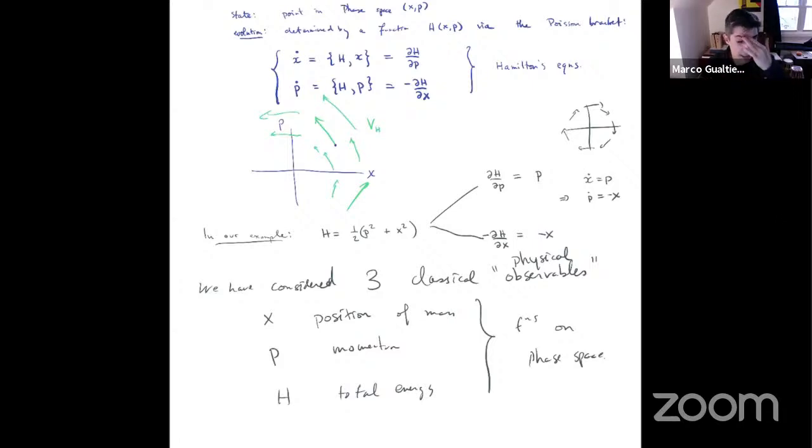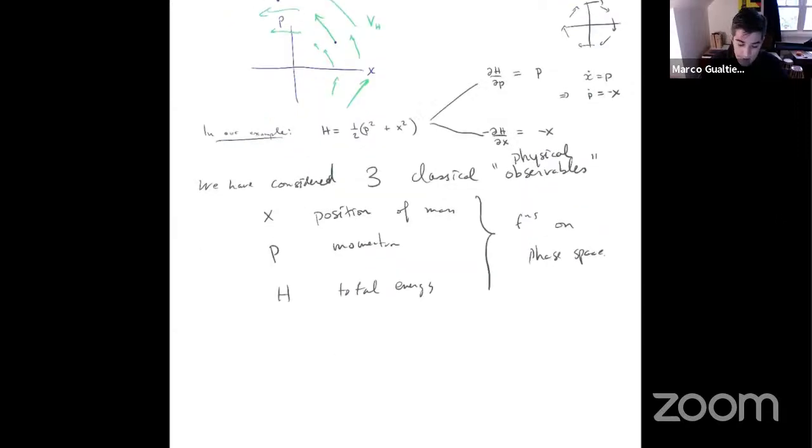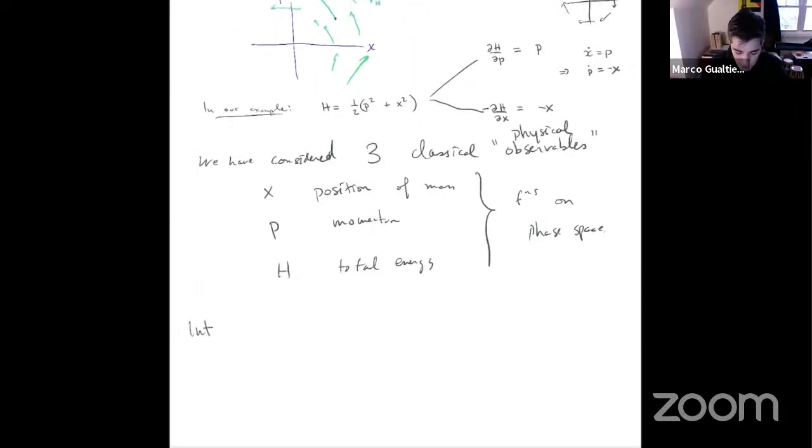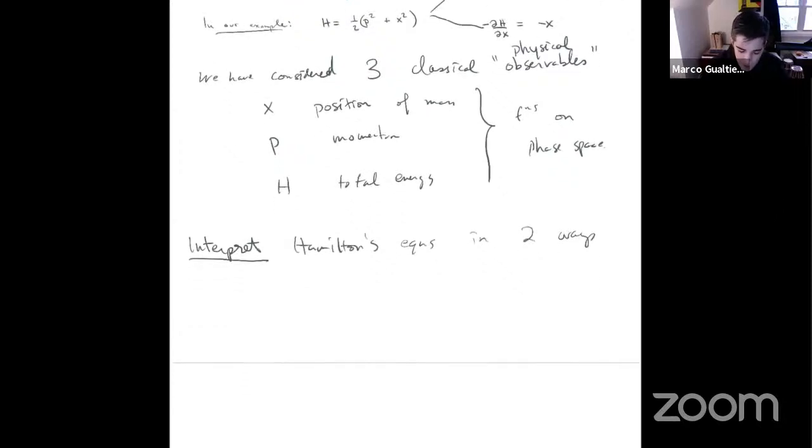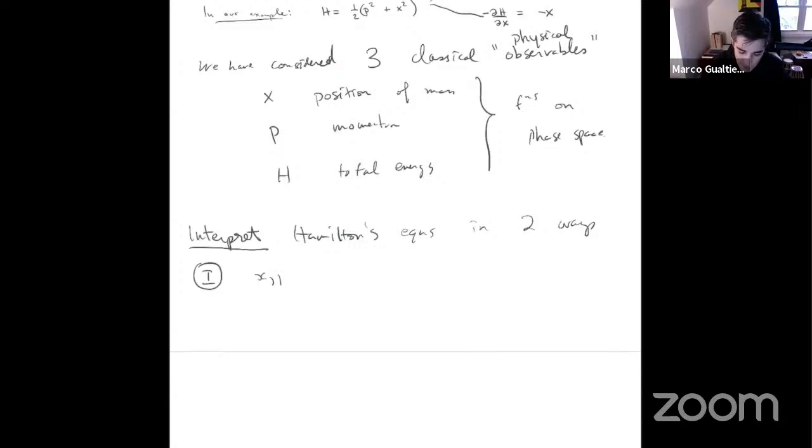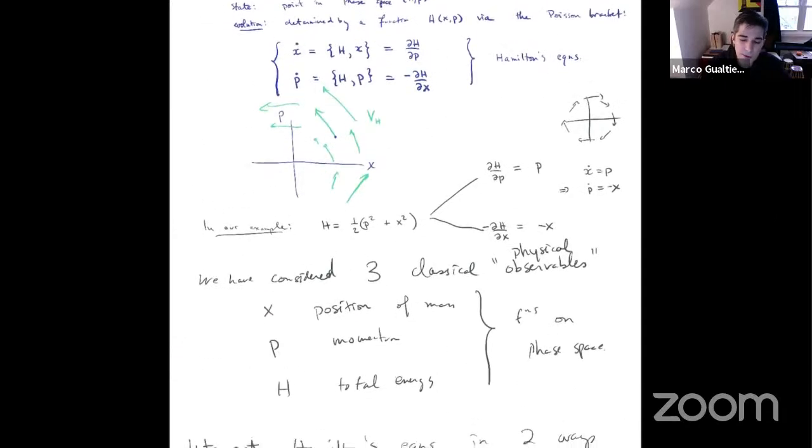So we can interpret Hamilton's equations in two ways. I know that I said this last time, but I want to make it a little bit more precise. In the first way, we think of x and p as a point inside phase space, and we think of it as a motion of a point. The time derivative is dictated by Hamilton's equations.